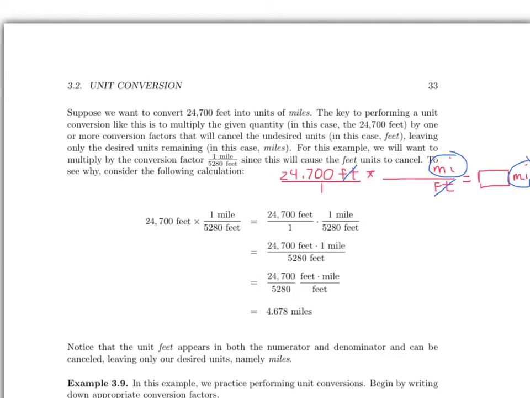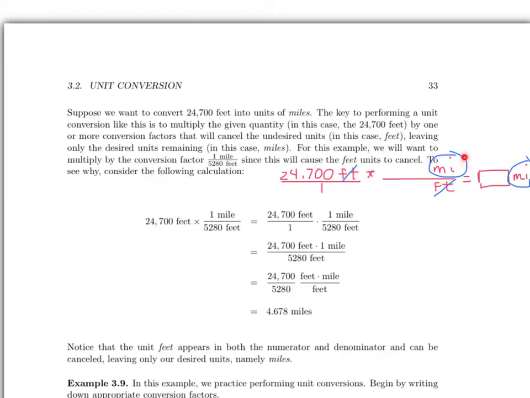So you can see we started off with a certain number of feet, and we will finish with a certain number of miles. Again, the key is to take the quantity that you're given and multiply it by a conversion factor that will cancel out the undesired units, and leave the desired units when you're finished with the calculation.